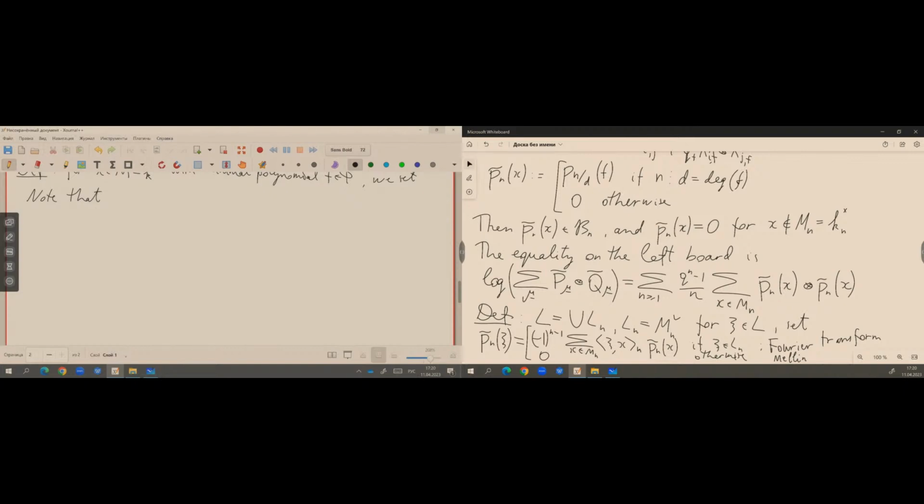I mean, we could define our symmetric functions, which we defined for irreducible polynomials, for just elements of M, because each element of M defines the corresponding irreducible polynomial, just its minimal polynomial.